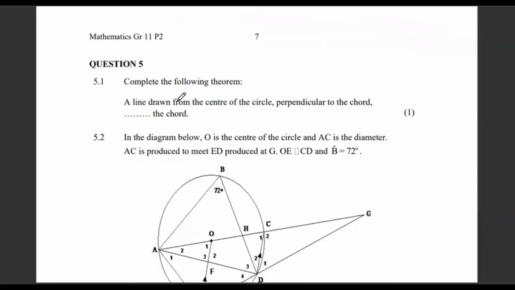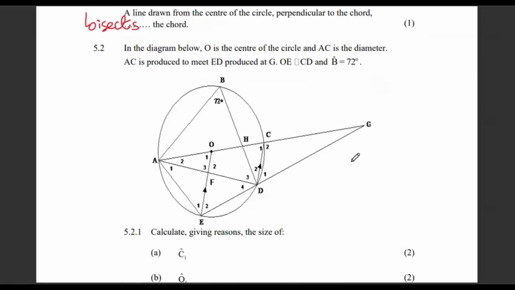Question number 5. Okay, this is now Euclidean geometry. They're telling us that a line drawn from the center of the circle perpendicular to the chord must always bisect the chord. That is theorem number 1. In the diagram below, O is the center of the circle and AC is the diameter.